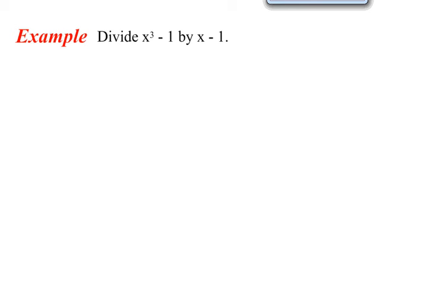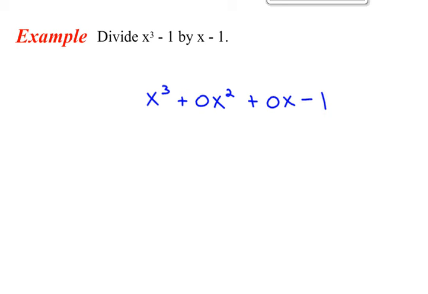So we have x cubed minus 1, but when we write the long division, we actually have to make sure that we write every term, even if it doesn't actually exist. And what I mean by that is, I write the x cubed, but instead of just writing x cubed minus 1, I'm going to write x cubed plus 0x squared, because there really is no x squared term in this polynomial, plus 0x, because there really is no x term in this polynomial, minus 1.